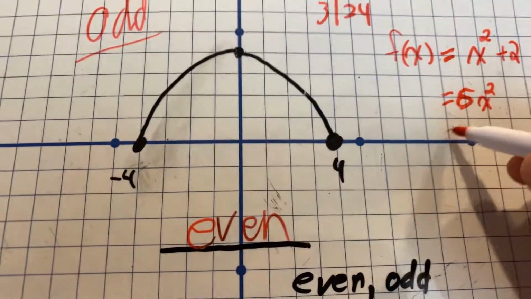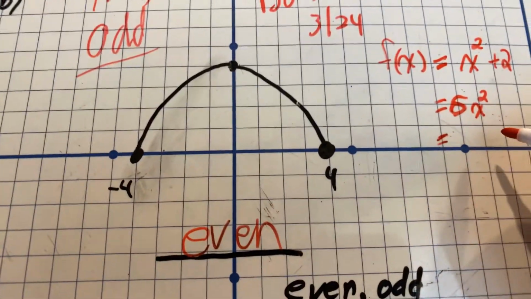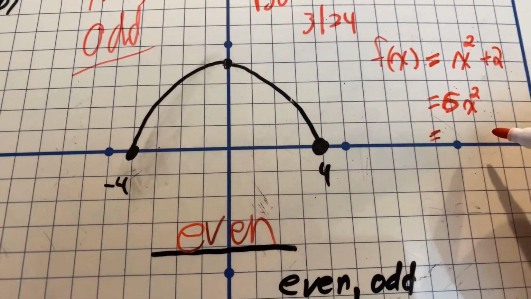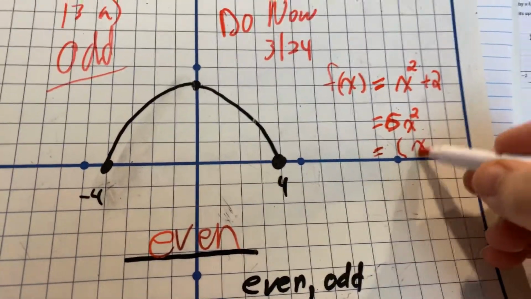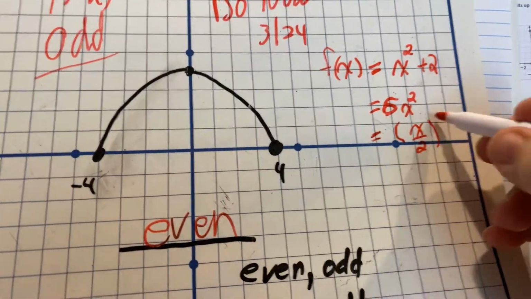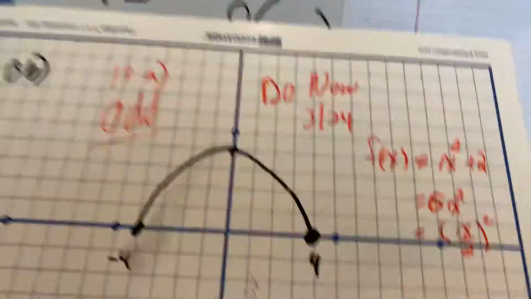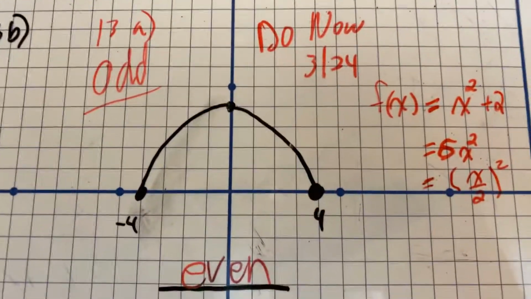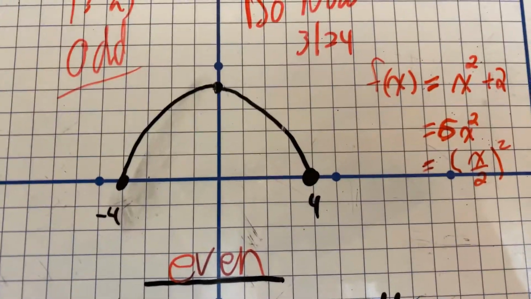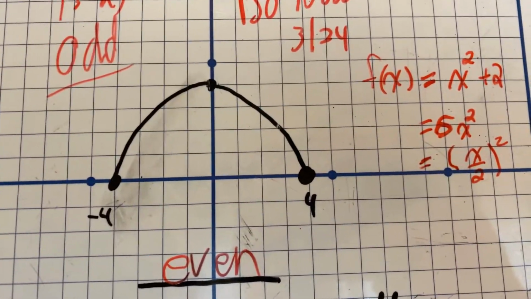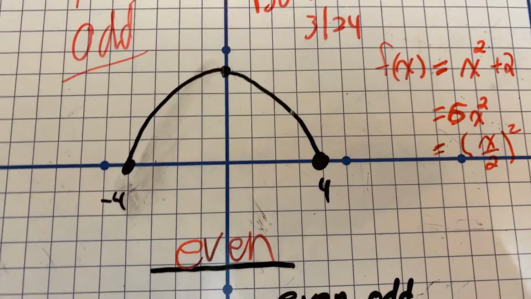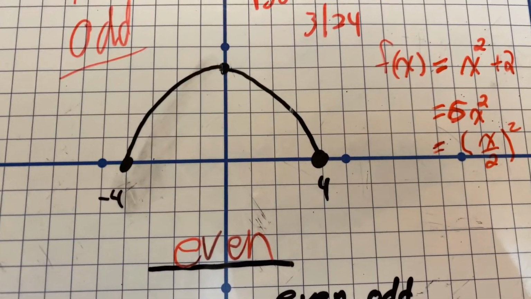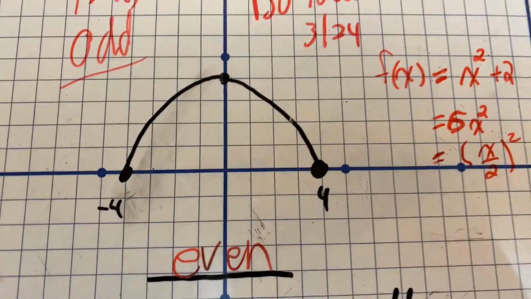You can do any type of a compression or stretch horizontally. So if I have something like this, x divided by 2, which is 1/2 of x, squared, that would give me a horizontal stretch by a factor of 2. Remember, in the house, it's kind of the opposite of what we think. So if it was on the outside as 1/2, that would be a vertical compression, but if it's inside, it's a horizontal stretch. I apologize.